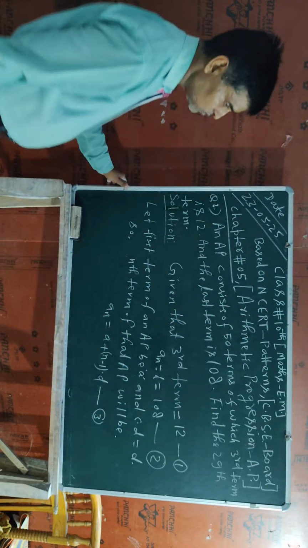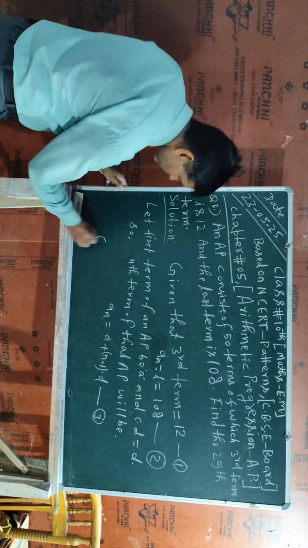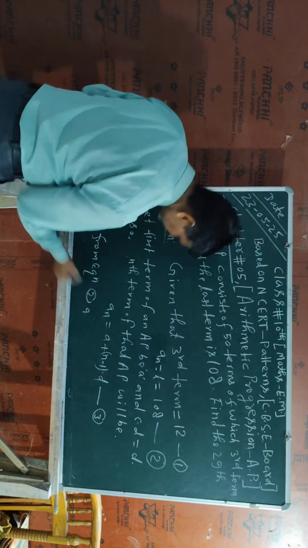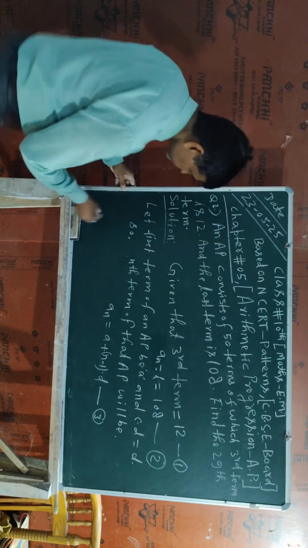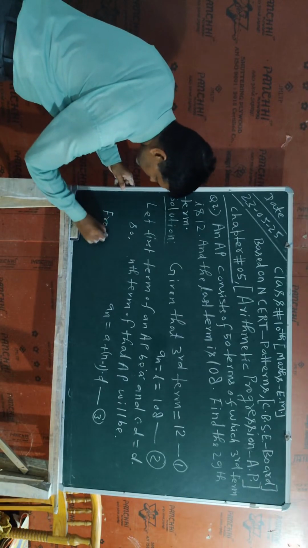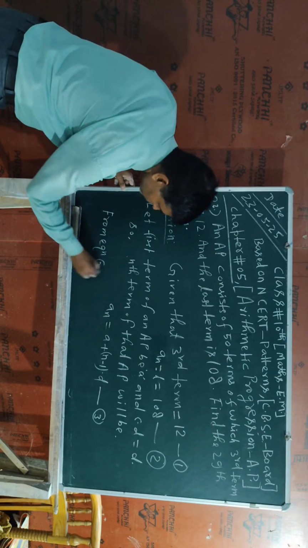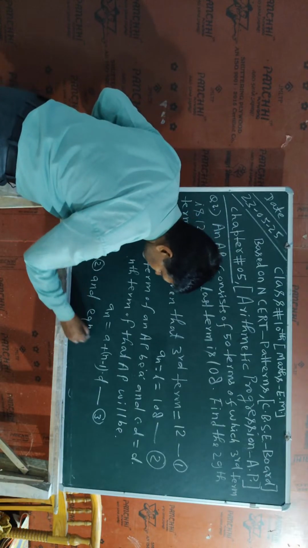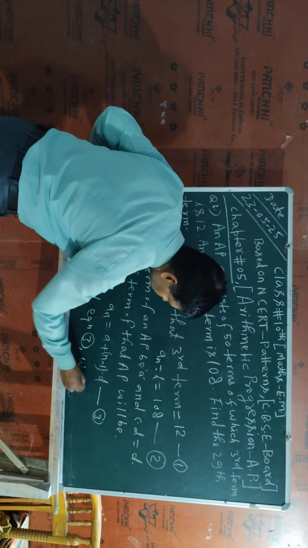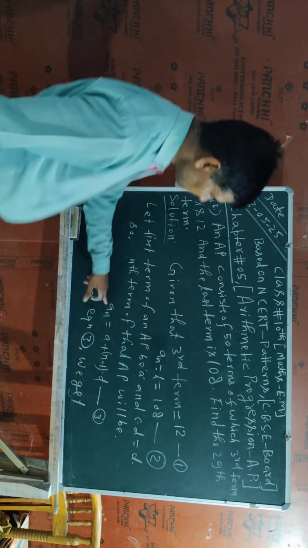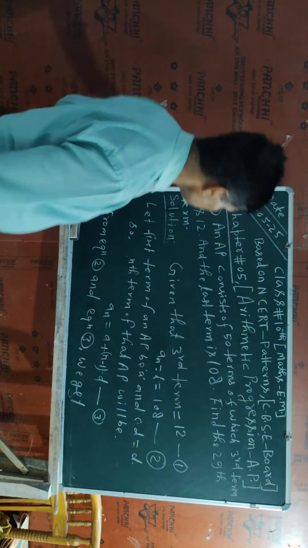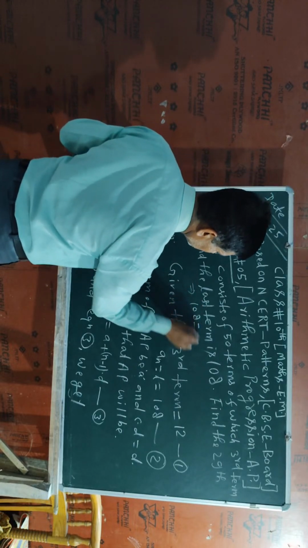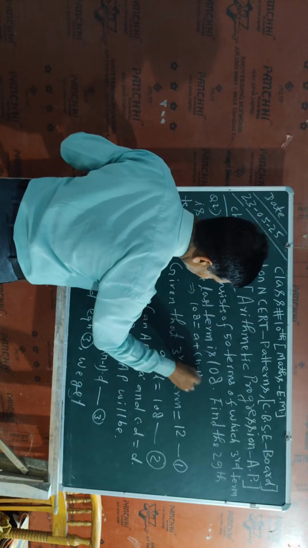From equation number 2 and equation number 3 we get, in the place of n, 50. So I can write the information: 108 is equal to a plus 50 minus 1 into d.